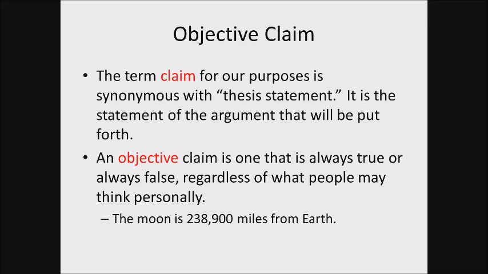As opposed to a subjective claim, which is just based on intuition, what someone feels, an objective claim is one that's always true or always false, regardless of how we feel about it. For example, statements like I have here: the moon is 238,900 miles from Earth.